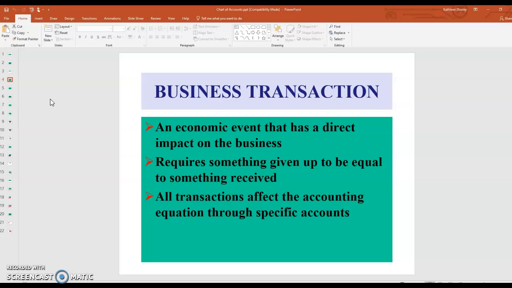Typically the business is going to give up something, and they're going to receive something that's equal to what they gave up. All transactions affect the accounting equation, which we'll look at in a little bit, and they affect it through specific accounts that we have listed.